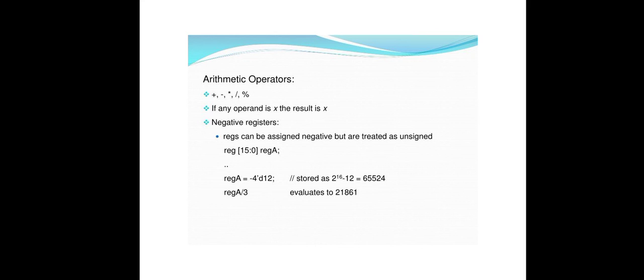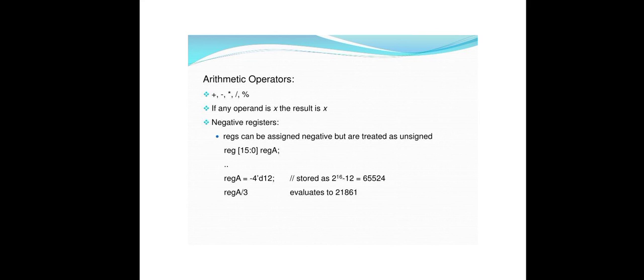Now next is the arithmetic operators. Arithmetic operators are the basic part of the operators. They are addition, subtraction, multiplication, modulus, and the power, or exponent. These are the main basic parts of the arithmetic operators. That means it is negative. Suppose for example, we can denote here the negative registers or the negative values.